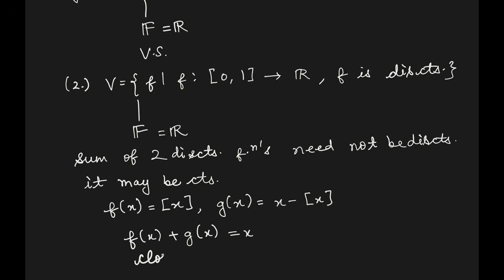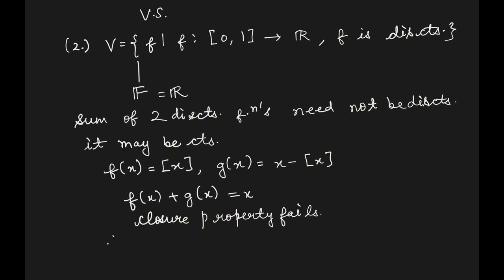So yes, closure property fails. Therefore, it is not a vector space.